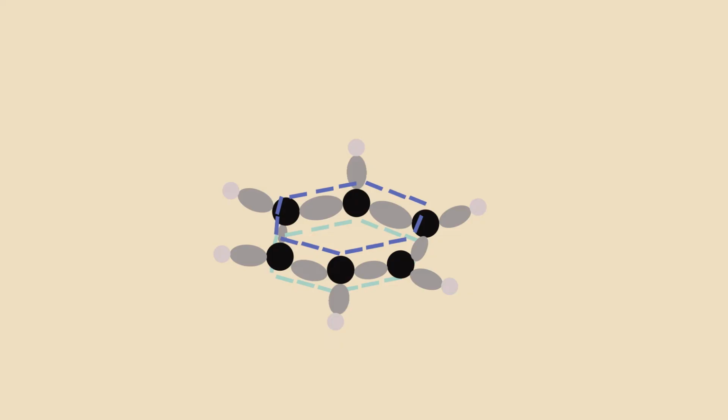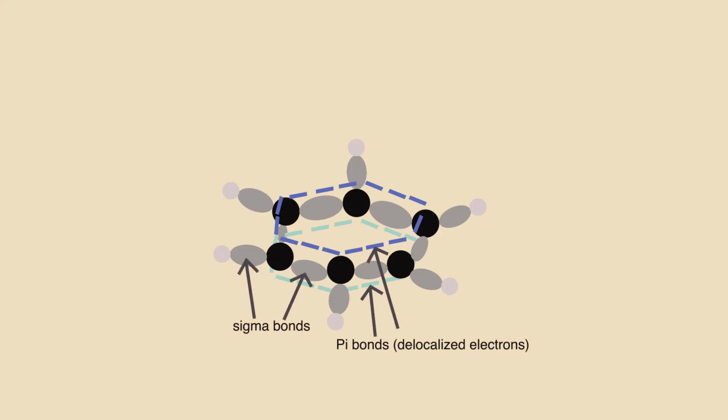Let's take a little better look into benzene's bonds. Each of the carbon-carbon bonds consists of a sigma bond and also a pi bond. Sigma bonds in general are stronger than pi bonds.